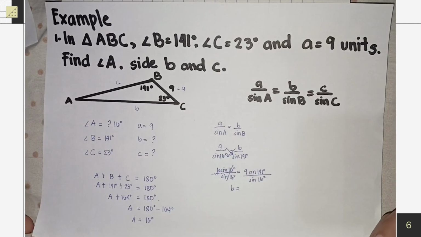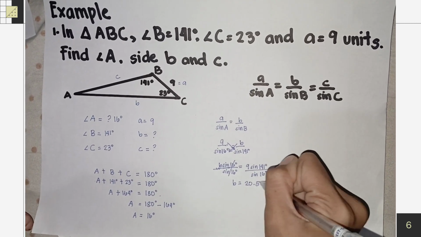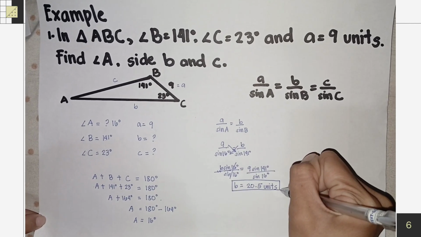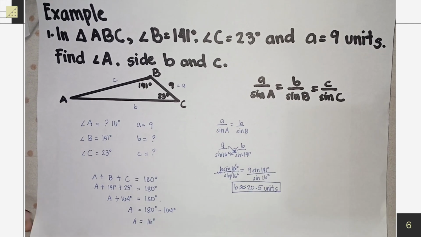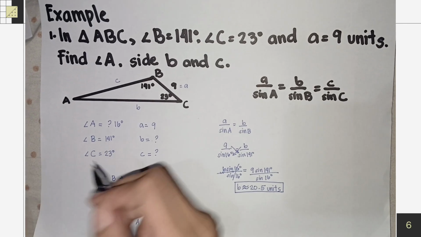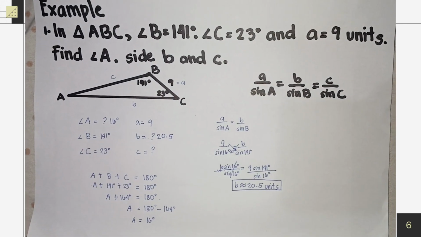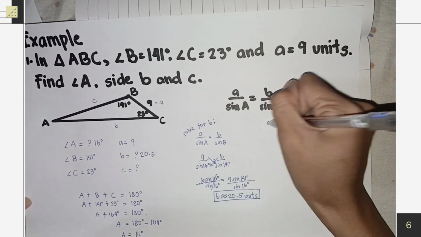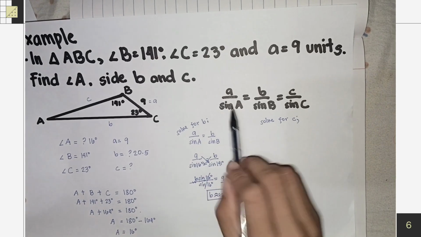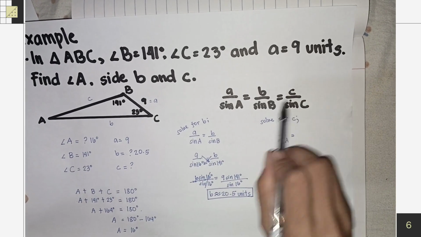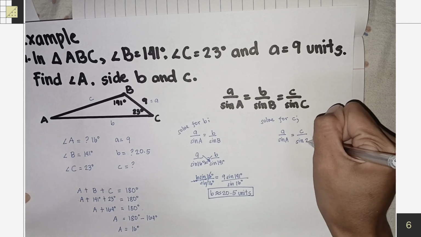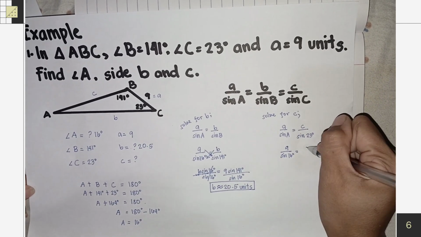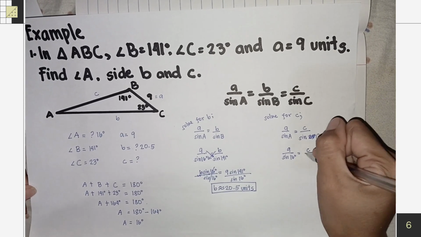The b times sine 16 degrees is equal to 9 times sine 141 degrees. Our target is to get b, so we need to cancel this out by dividing both sides by sine 16 degrees. So, we have here b is equal to 9 sine 141 degrees over sine 16 degrees. To solve easily, just use your calculator, and with that, we can get the answer. b is approximately 20.5 units.